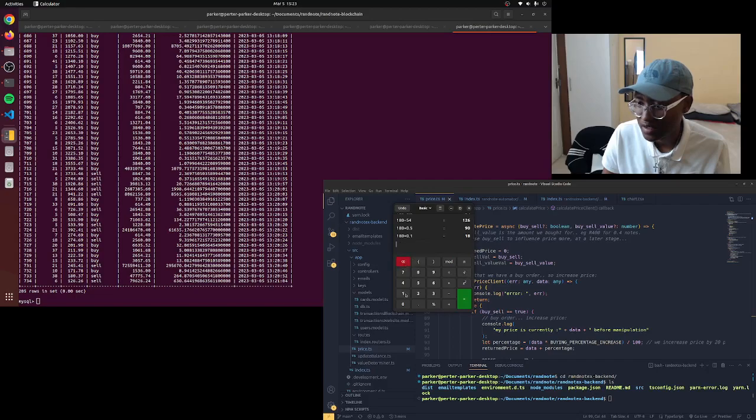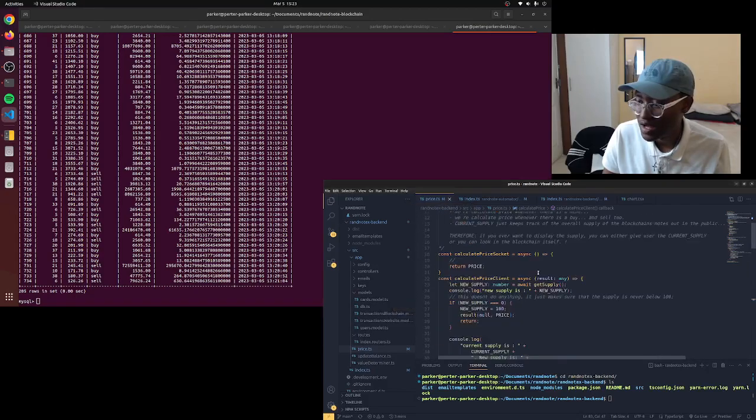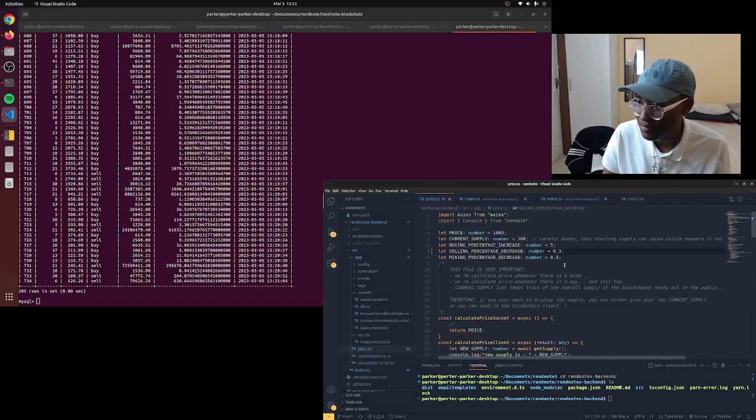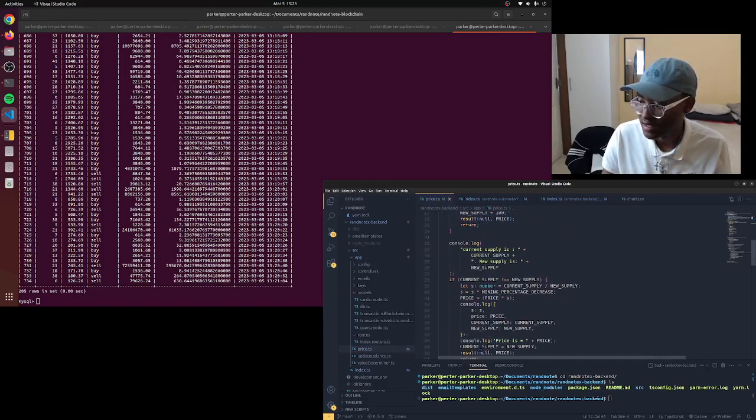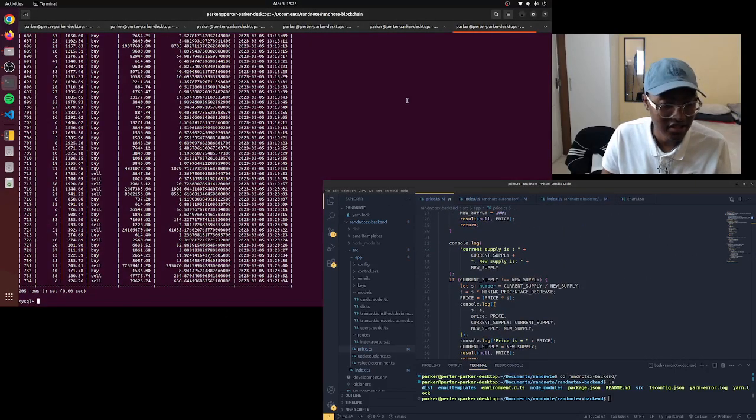So it'll be 180 minus 18. My price would stoop not from 180 to 126 but 180 to 162. So I think I'll just have to put that to 0.1, and we'll just increase that to 7, and I'll try and run that again.